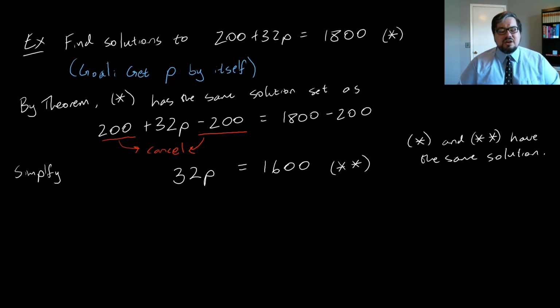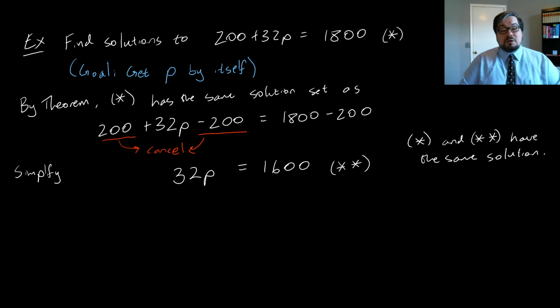So we can ask, what's happening to the p right now? Right now, the p is being multiplied by the number 32. That's just what's happening to it on the left-hand side of the equation. And so we can ask, all right, how would one undo that? What's the opposite of multiplying by 32? And the opposite of multiplying by 32 is dividing by 32.